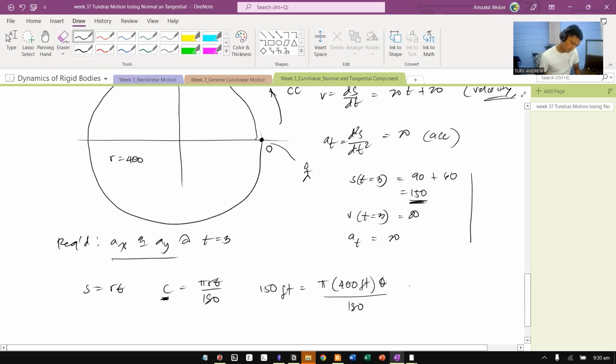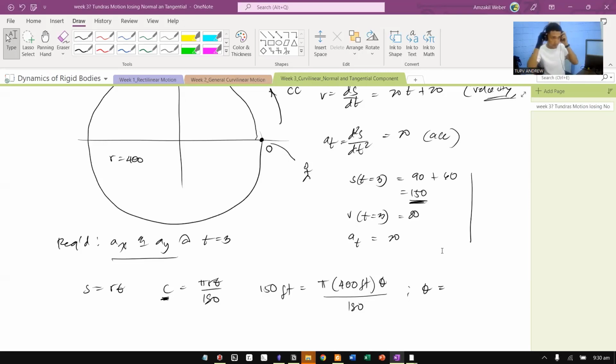So theta is equivalent to 150 times 180 divided by 400.